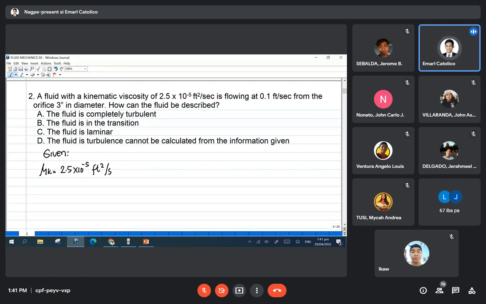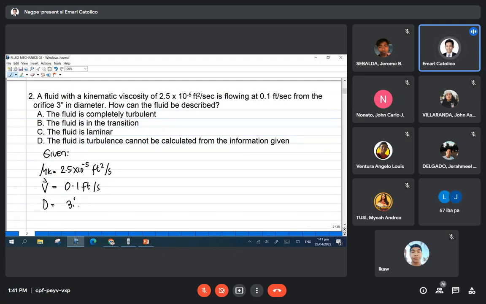So that is our velocity, 0.1 feet per second, from the orifice 3 inches in diameter. So we have a diameter of 3 inches. How can the fluid be described?